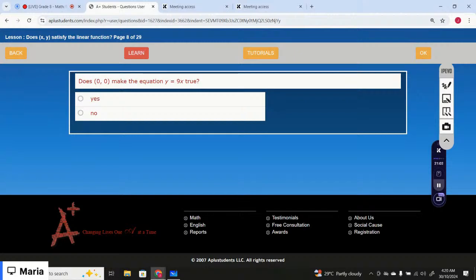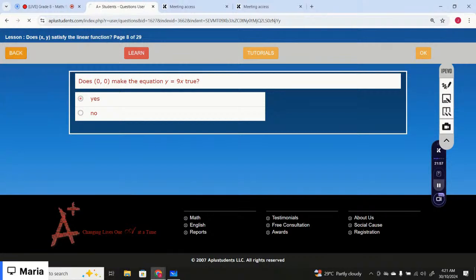Does 0 make the equation y equals 9x true? Which is the correct option? The correct option is yes, it is.